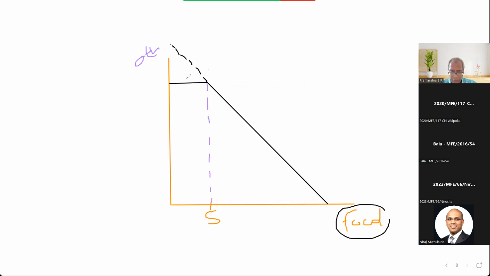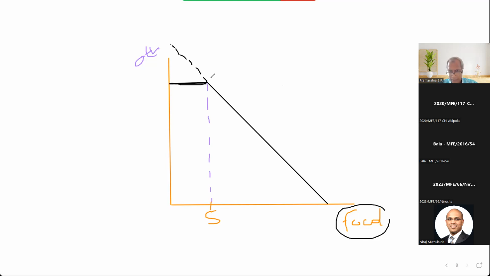Now, pre-education is also something like that. If you have a child, up to this point, you don't need to pay for the child's pre-education. So what I am trying to explain is, whatever policy the treasury introduces or whatever market changes happen, it is reflected in the budget line, and you can draw it and do the analysis.